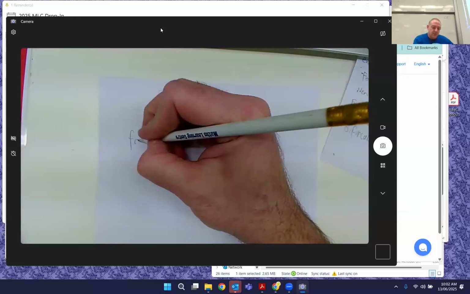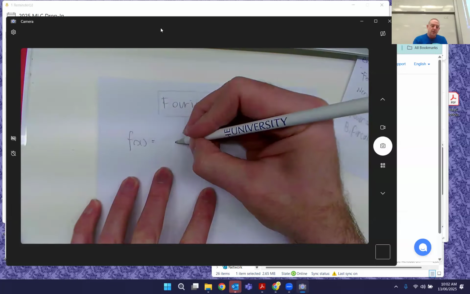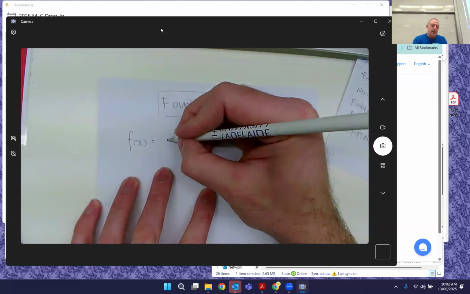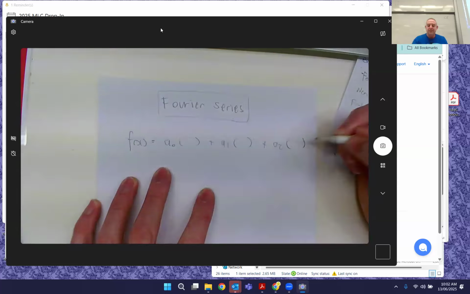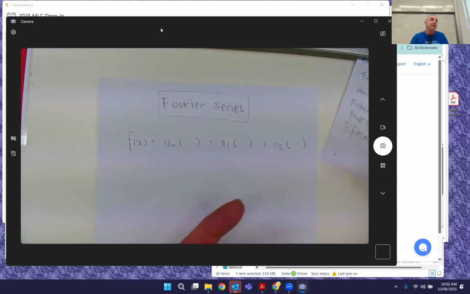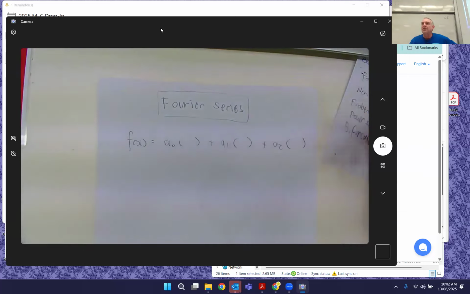So if you've got a function, then you can write it as a naught times this thing and a1 times this thing and a2 times that. That's the general vibe of all series representations of things. And usually the hope is that each of these things is smaller in some sense.